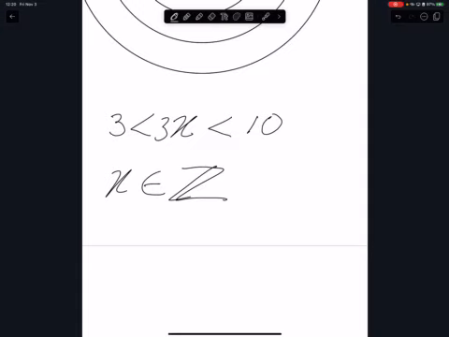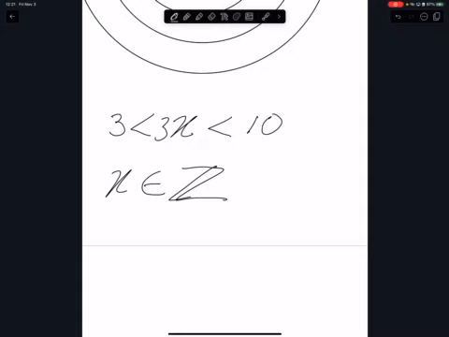Less on your phone and more in your books. And then you will know. You have different answers. So you have to write a set of numbers. Z represents integers. Integers represent whole numbers ranging from negative to positive.